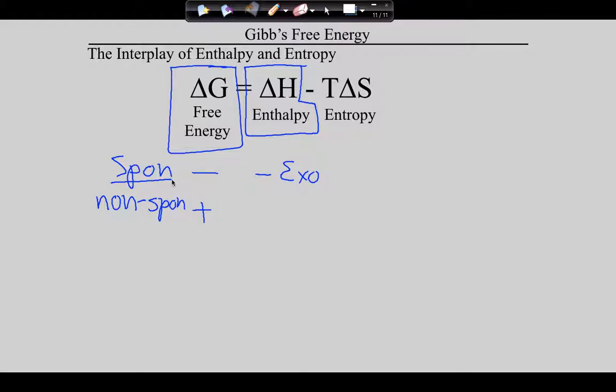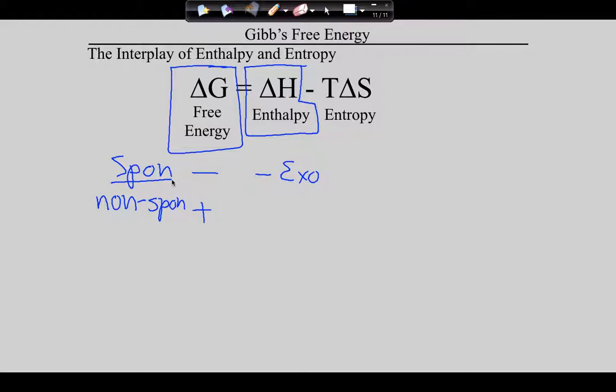If delta H is negative, what will that make delta G? Also negative. Does that make sense? That if this value is negative, that will tend to make delta G negative. So guys, now our concepts and our math are lining up.